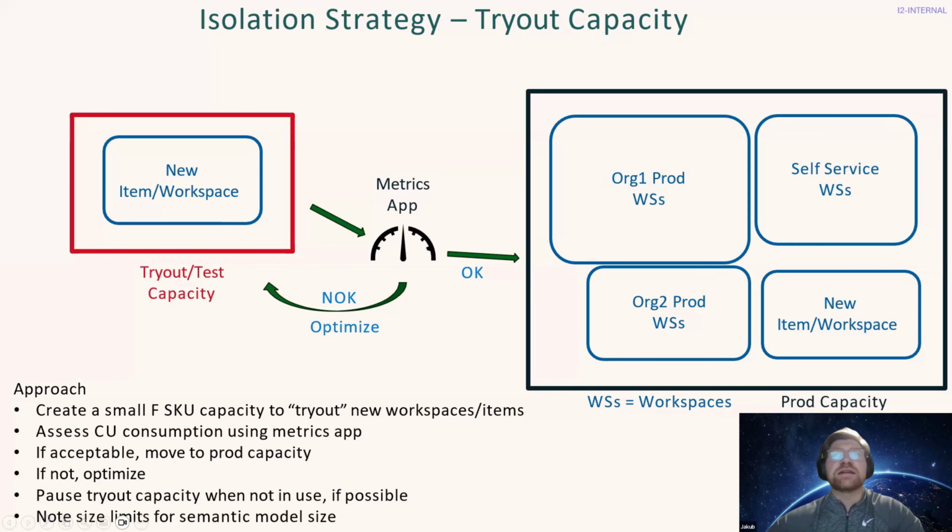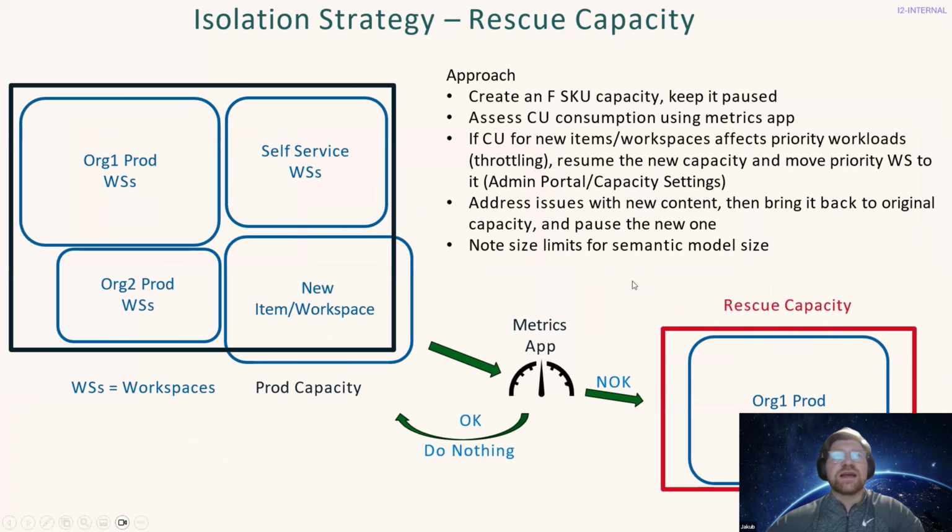So that's another tactic. Or alternatively, you can create a rescue pay-as-you-go capacity. If you see in the monitoring app that any process is reaching the throttling level, you can always switch it temporarily to that rescue capacity.